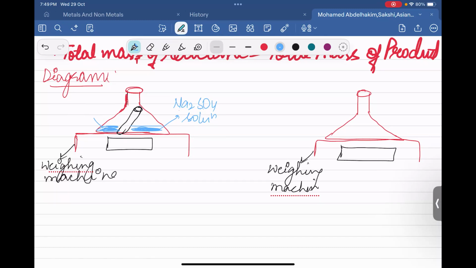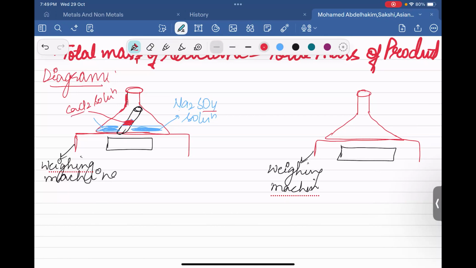And this black one is a flask, and it is also having a solution up to here. I'm marking it in red. It is a calcium chloride solution. So two types of solution are there: Na2SO4 solution and CaCl2 solution.